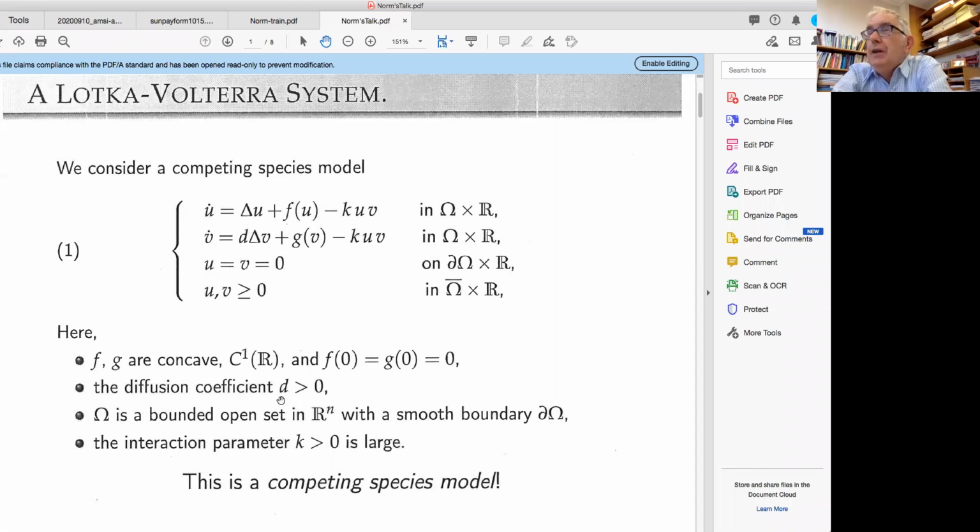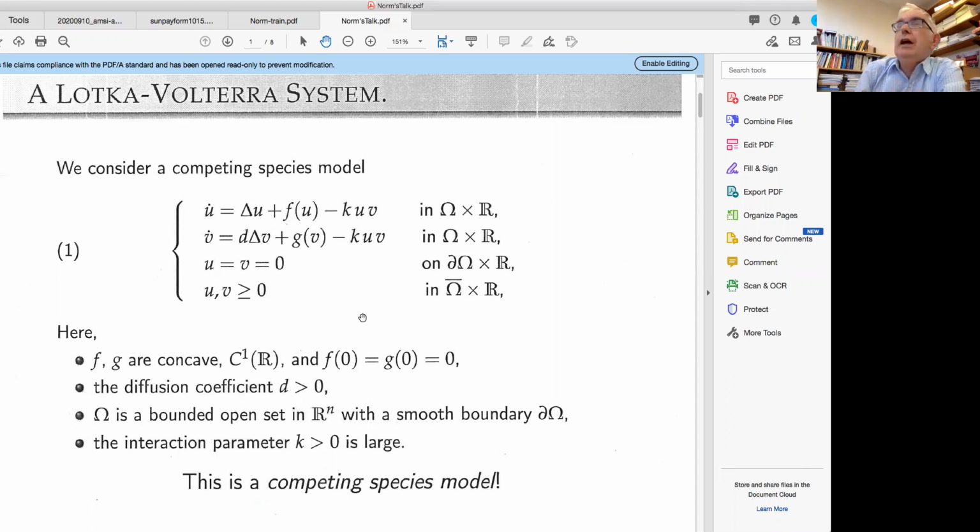Omega is a bounded open set with a reasonably smooth boundary; we don't really need too much smoothness. We're interested in the case where the interaction parameter k is large positive, so the two species are competing very strongly.